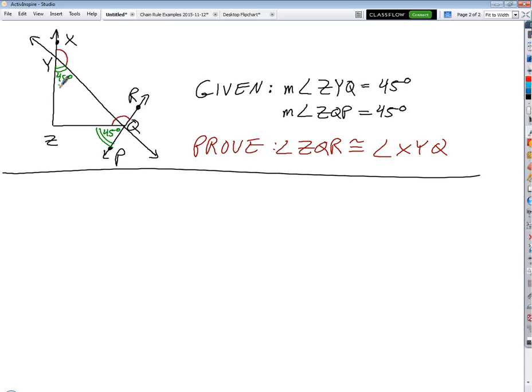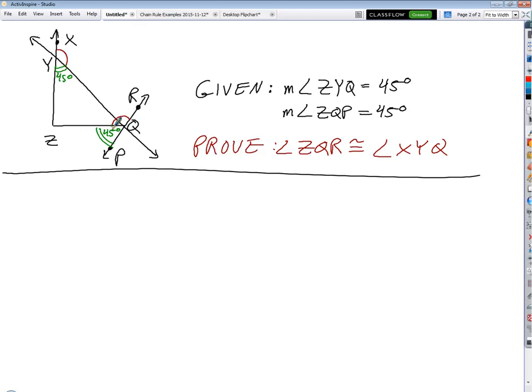Is there another pair of angles? What do you think, Katie? ZQP. Okay, so this one and that one? Good, so we could also show that those two angles are supplementary. Now, if we can do that, think what we just said. If we could get to that point, this proof would be essentially done, wouldn't it?